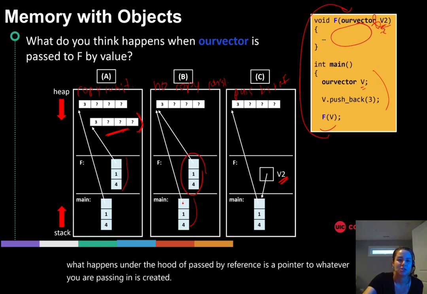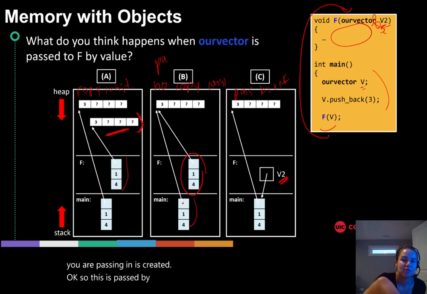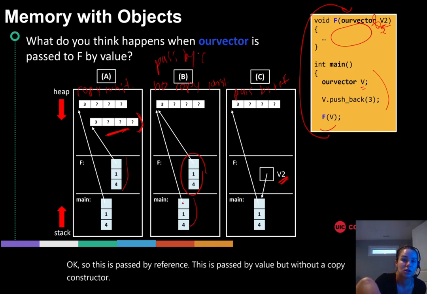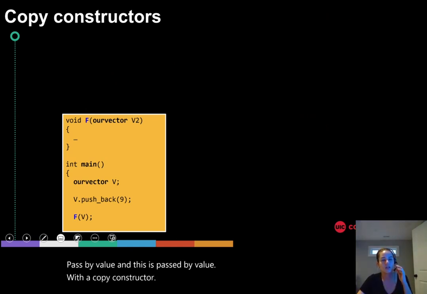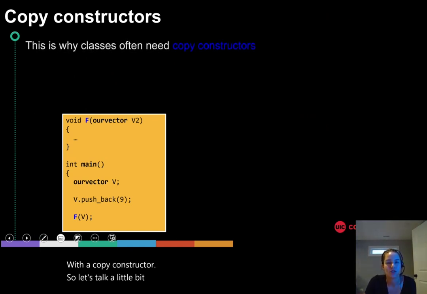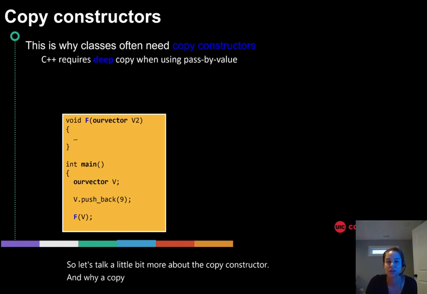Okay, so this is pass by reference, this is pass by value but without a copy constructor, and this is pass by value with a copy constructor. So let's talk a little bit more about the copy constructor and why it is needed, and it can really help you understand this memory mapping.